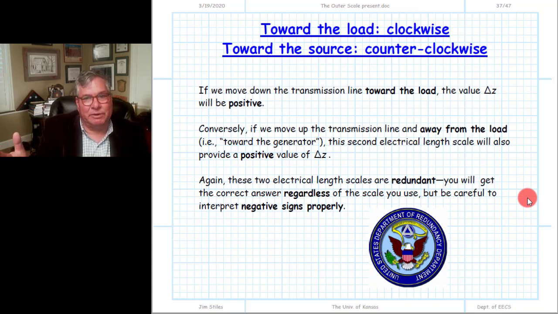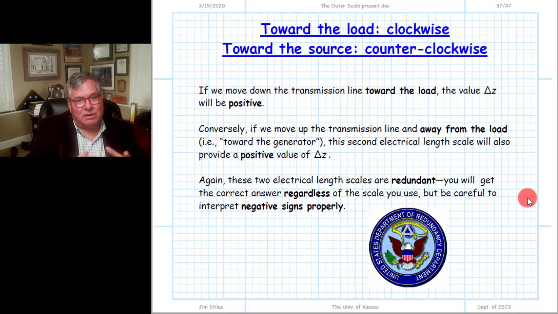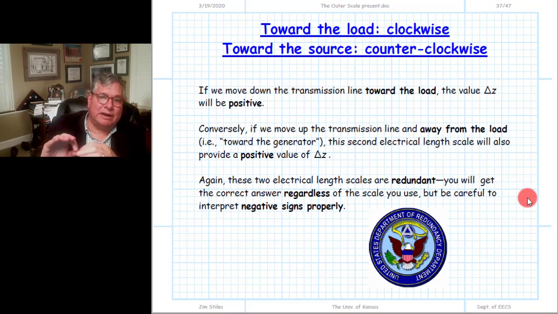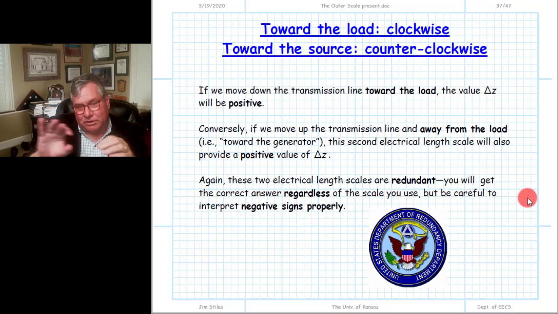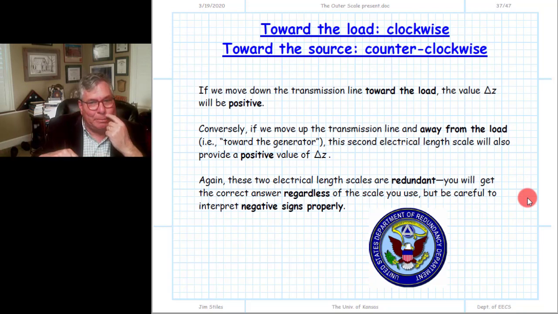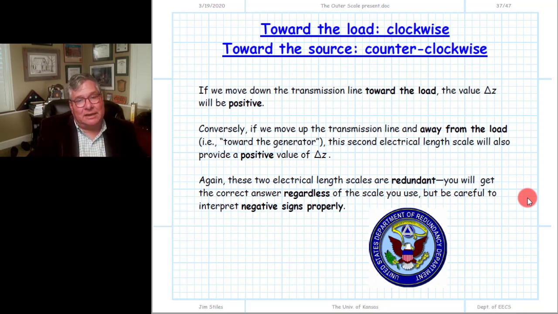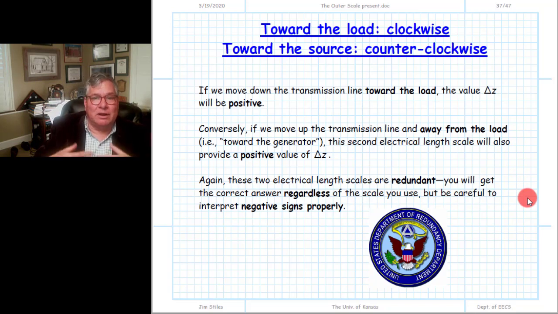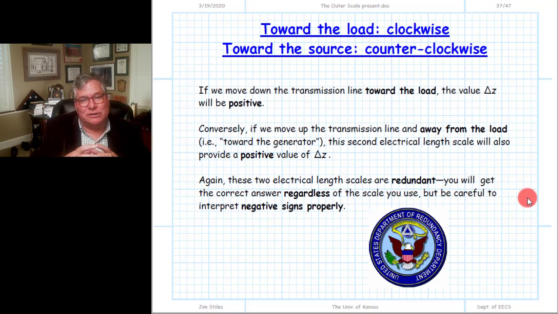Now, this is completely redundant. We can use either one of them. The only reason that we'd want to use the direction toward the generator as we move toward the input of the line is that the values increase, and therefore we are more likely to have problems that don't involve negative signs. And of course, that always can cause issues mathematically. You can use one or the other.